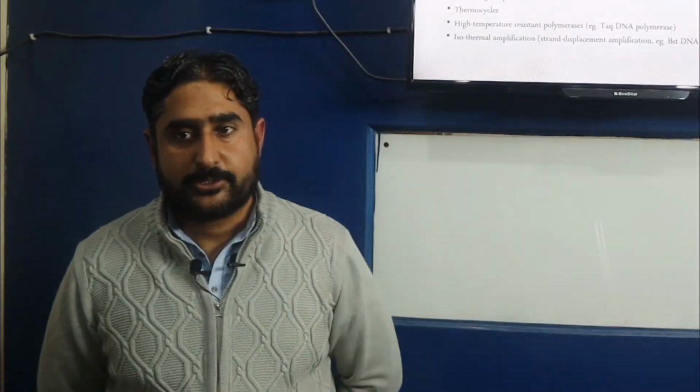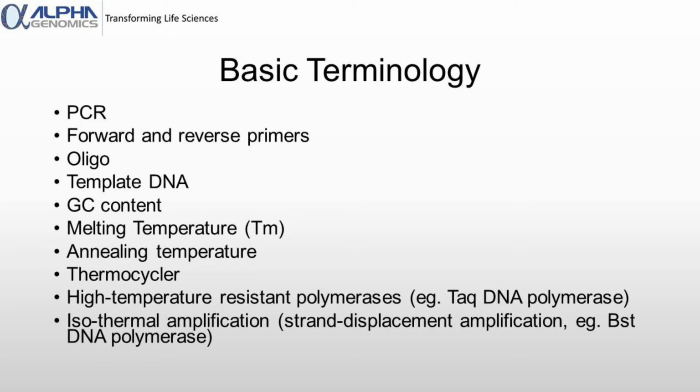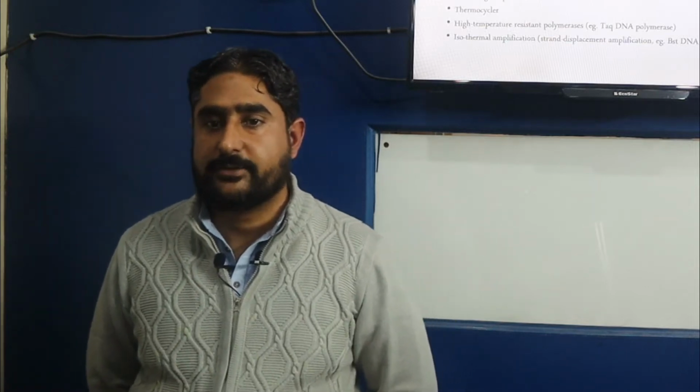So the basic terminology about the PCR reaction. What is PCR? PCR is polymerase chain reaction, in which we amplify a particular piece of DNA from the whole genome, and the objective of this amplification is to use that either for Sanger sequencing or only for gel electrophoresis for presence or absence of bands, and so on.